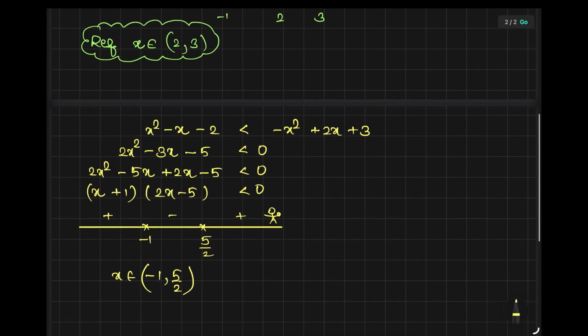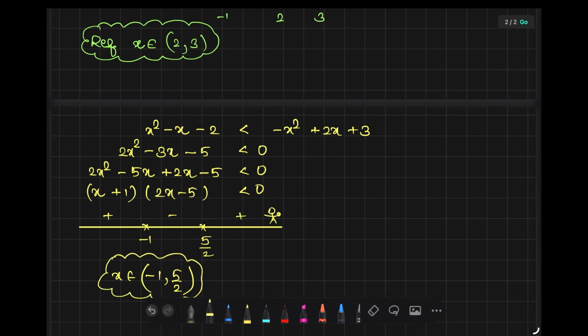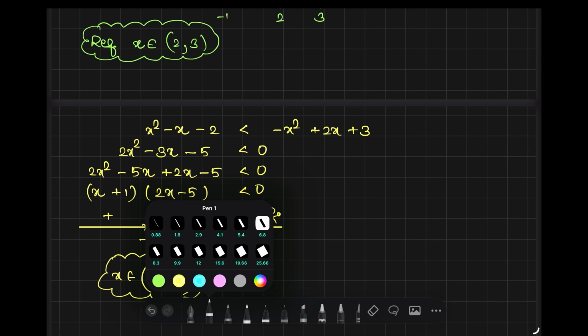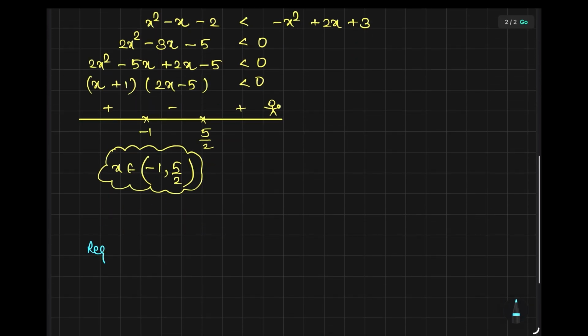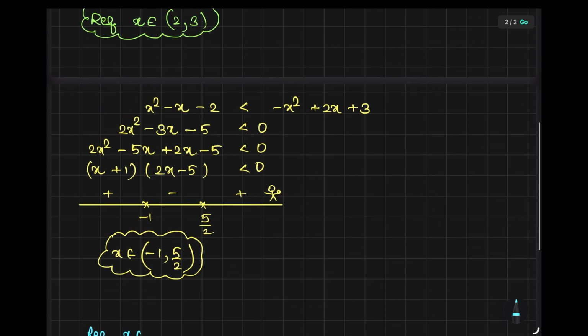Now what will we do? We will take the intersection of green and yellow. So you have to take the intersection. So the required x belongs to what? We will plot them on the same number line. So it goes minus 1, then 2, then 5 by 2, and then 3.